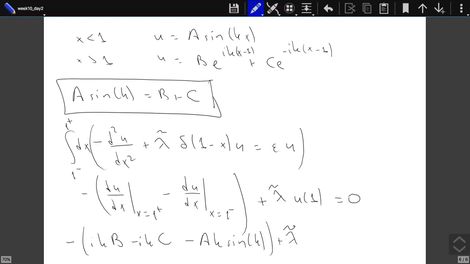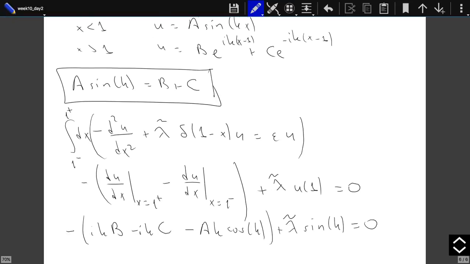We can just use the inside solution or the outside solution, it doesn't really matter, because both of them are continuous and equal. So, lambda tilde times a sine k. This should be equal to 0.